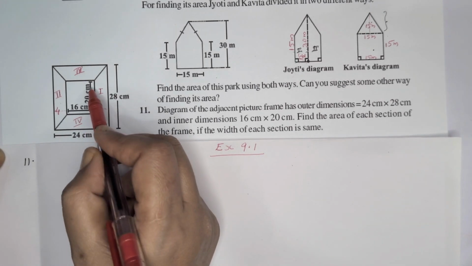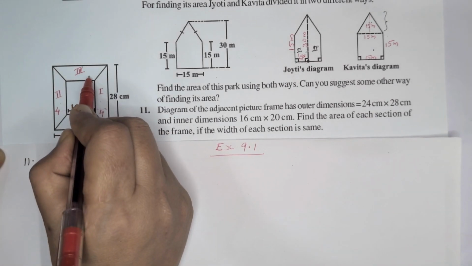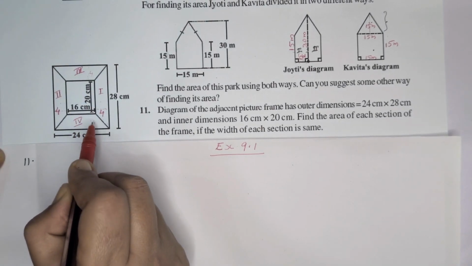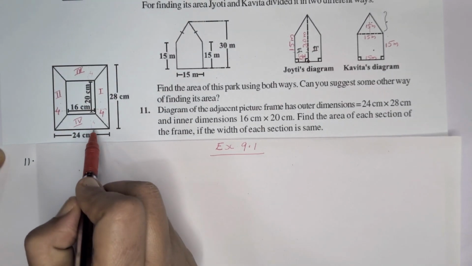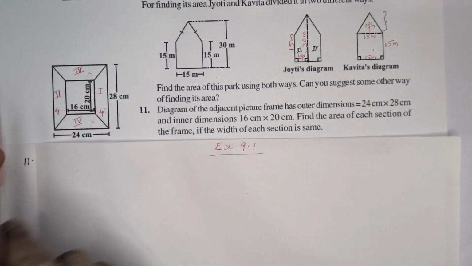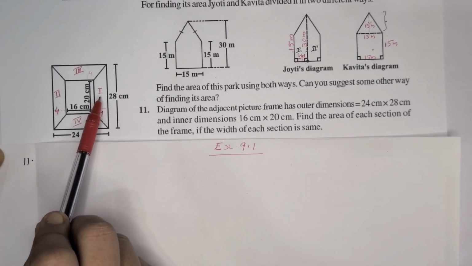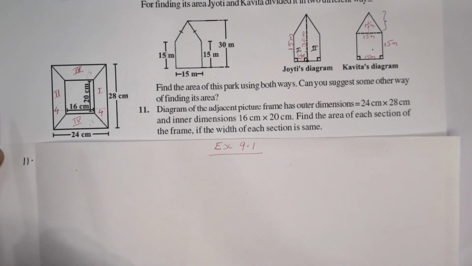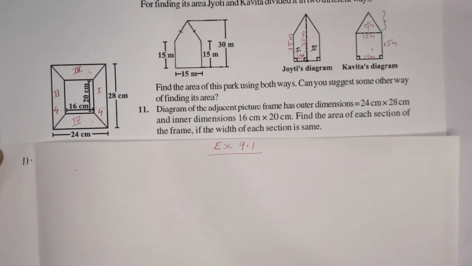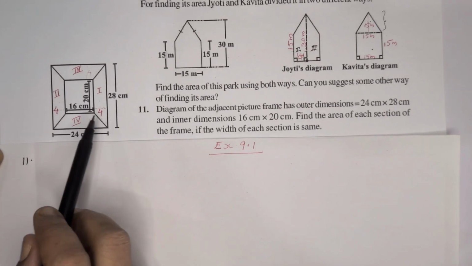Similarly, this side is also 20, this height is 4, this height also 4. So 20 plus 4 plus 4 is 28. So 4 trapeziums are there. At the same time, trapezium 1 and 2 are the same, and 3 and 4 are the same in measurement. So we can find the area of the entire figure one by one.